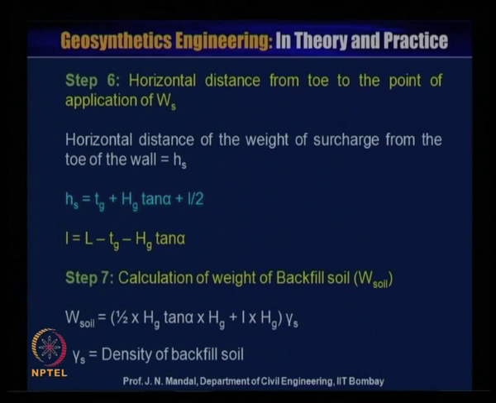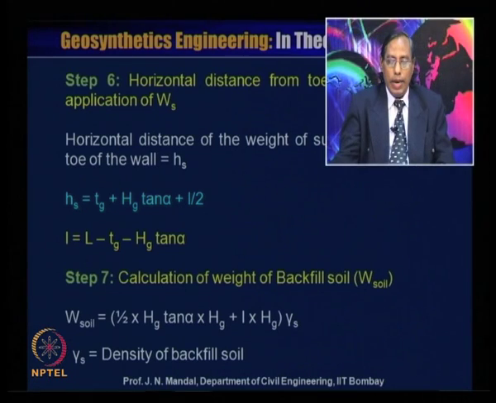Now the horizontal distance of the weight of the surcharge from the toe of the wall is Hs. So Hs will be equal to Tg plus Hg tan alpha plus L by 2.